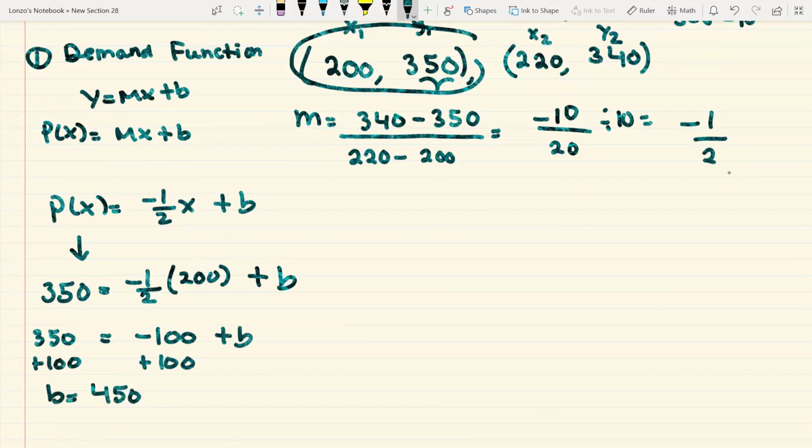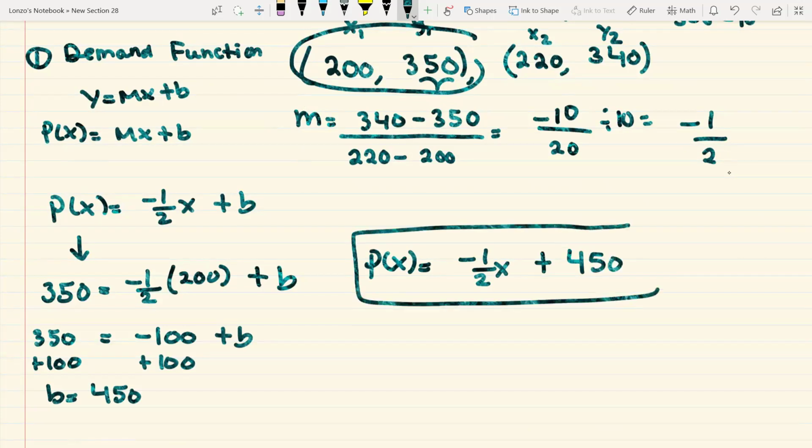Okay, so my demand function, or p of x, because that's how you express demand, is going to be negative 1/2 x plus 450. So that was the first part of the question.